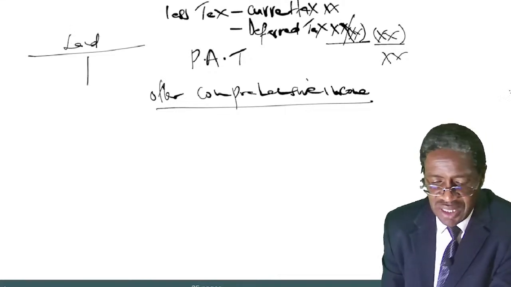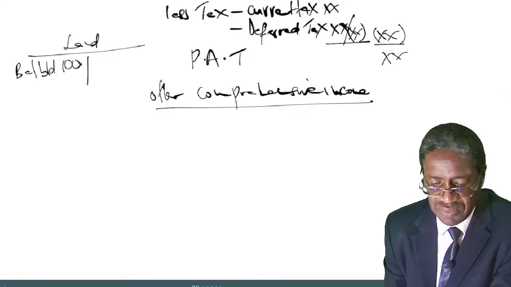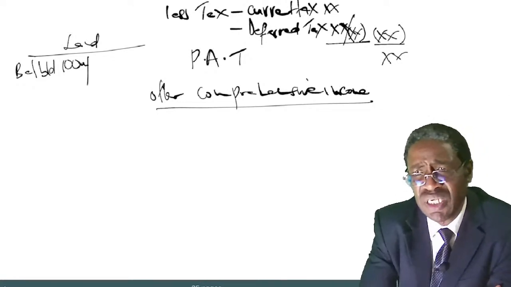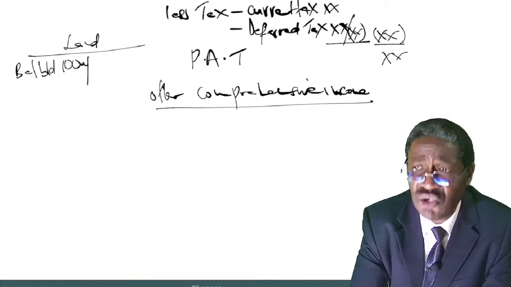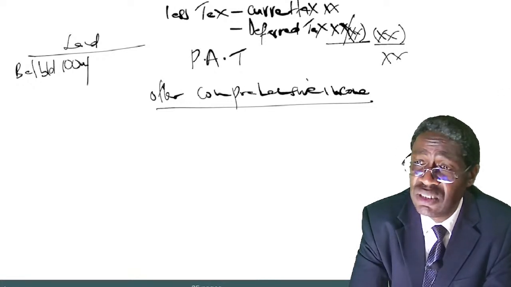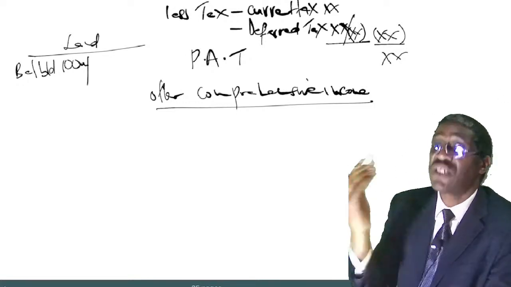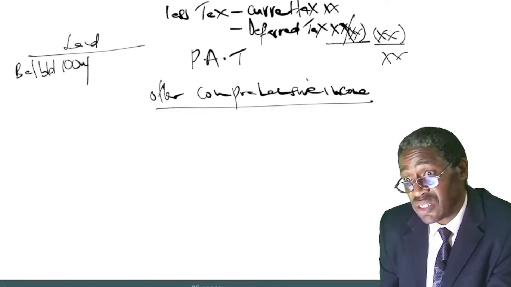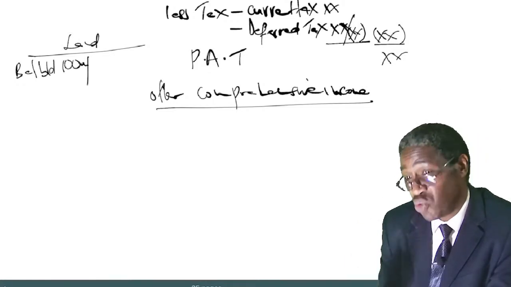This land has a book value of, let's say, 100 million. During the year, your company revalued this land to its fair value, maybe 120 million. Or in other words, we revalued it upwards by an extra 20.